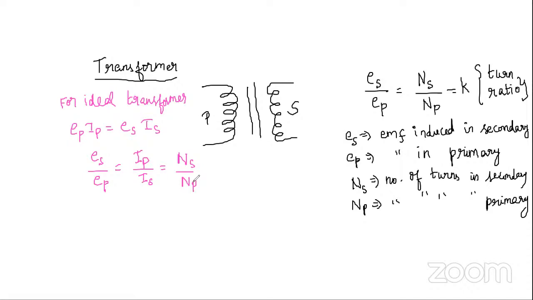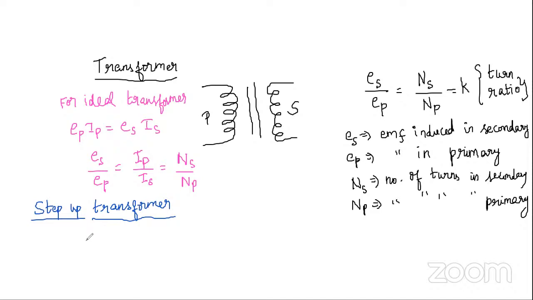In a transformer, you have two types, that is, step up transformer and step down transformer. Step up means whatever EMF you supply to the primary is actually increased as the output. By changing the turn ratio, you are increasing the voltage, so that is called a step up transformer. The low voltage is converted into high voltage at low current.